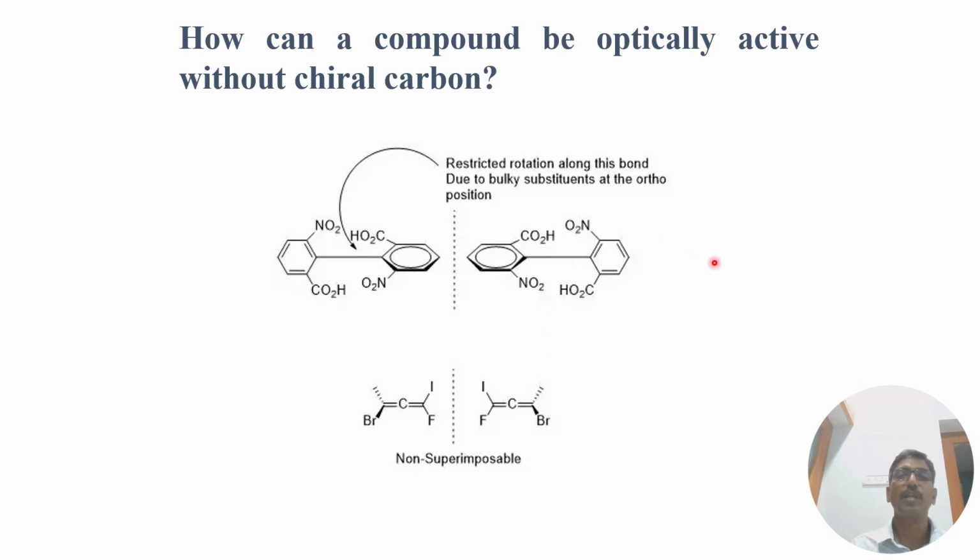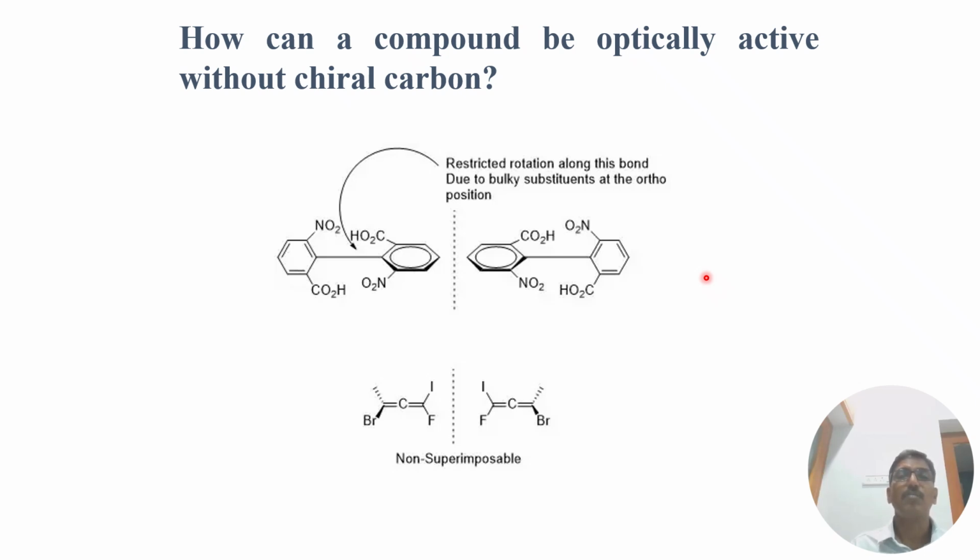If you carefully look at that, in the initial days it was thought that if the molecule has a carbon with four different groups, that is the criteria for a molecule to display optical activity. However, when they came across mesotartaric acid, that kind of logic was not sufficient.